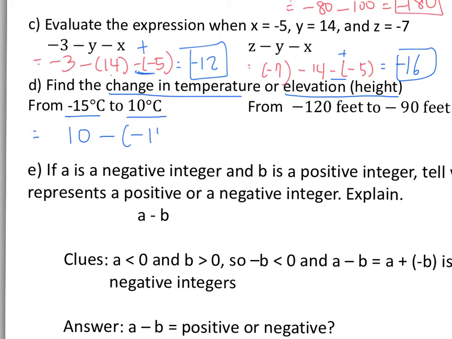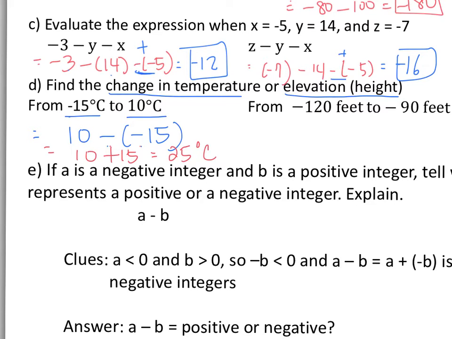Okay, notice how I have two negative signs here, so negative negative makes positive, and that will be 25 degrees Celsius.